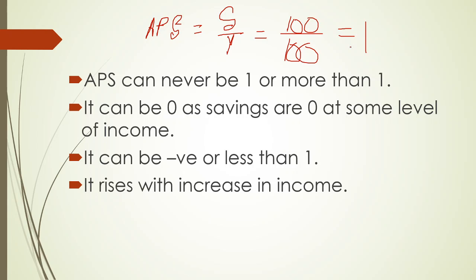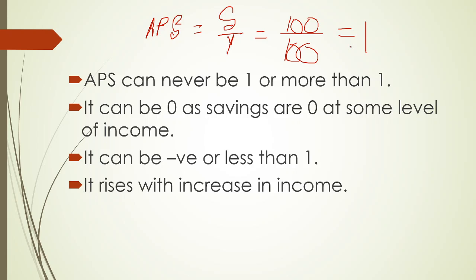But can income be equal to saving? No. Whatever income you get, will you save the entire amount? Never. You will use some amount for consuming. It may be that out of 100 rupees you save 80 and consume 20, but there will not be any situation where you save the entire amount of income. So APS can never be 1 or more than 1, because saving can never be equal to or more than national income.